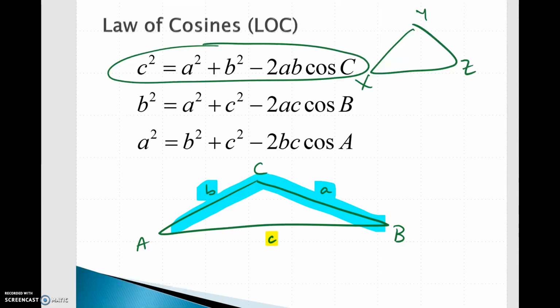So essentially, whatever side you're trying to find uses everything on the other side of the triangle for it. Another way that I've heard people think of it is that whatever letter is over here is the same letter that they see over there. And then the other two letters, since you're adding and multiplying, the order that you write them doesn't matter. Okay, so let's take a look at how this formula will get used.